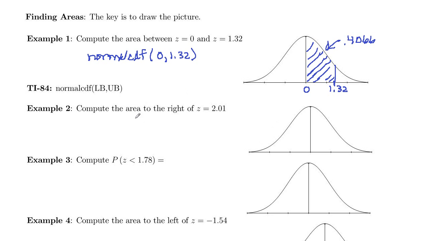You don't have to specify the 0 and 1 for z-scores. Let's try another one here. Compute the area to the right of z equals 2.01. So again, 0 in the middle, 1, 2. So the area to the right of 2.01 is right here, that little sliver of area. So we're also going to do normal CDF.